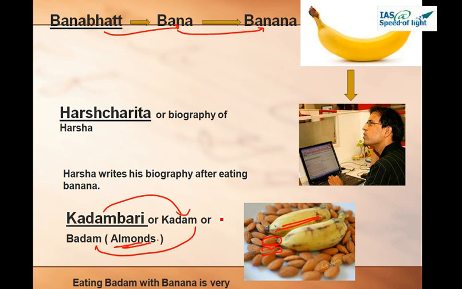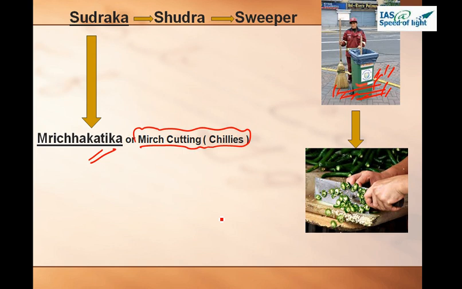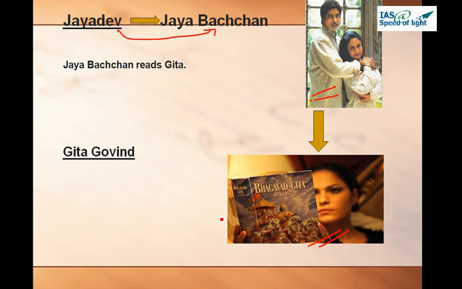Banana or Bana Bhatta, Kadambari. Shudra, sweeper. What work did you give to the sweeper? Mircha cutting or Mrichchhakatika. Jaya Bachchan. What did Jaya Bachchan used to do? Read Gita Govind. Jaya Bachchan.